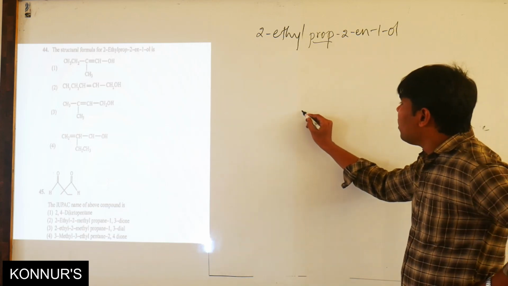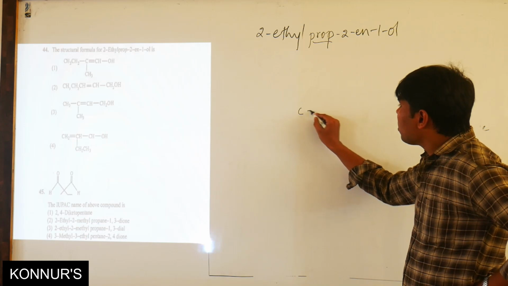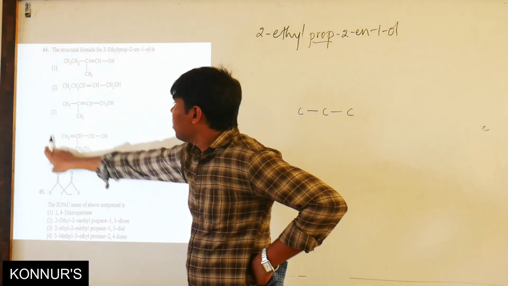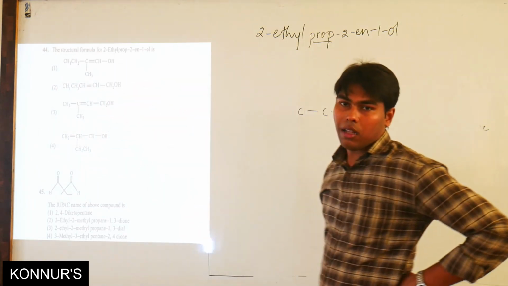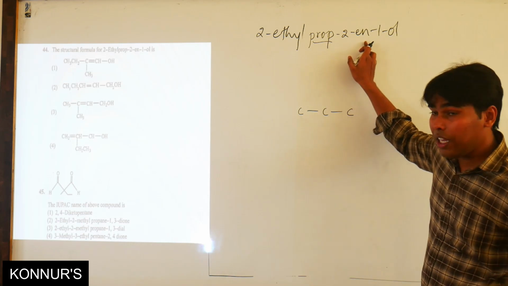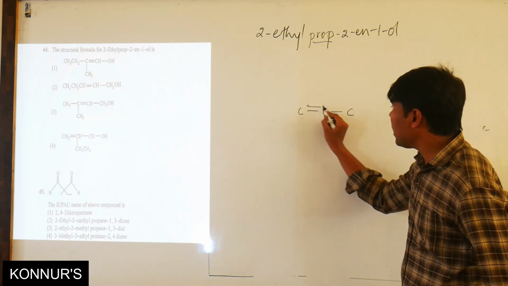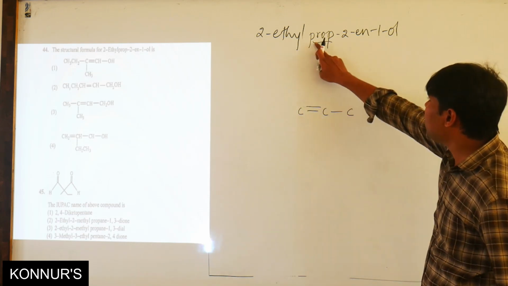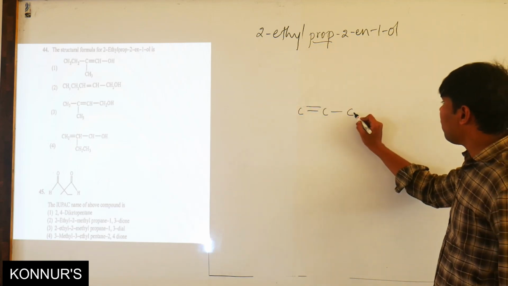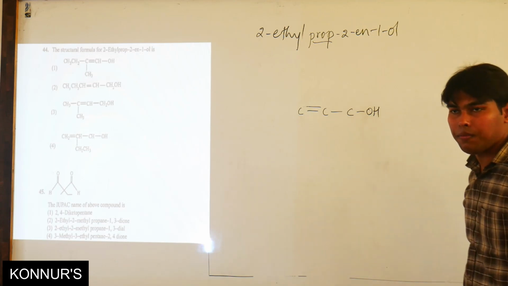Prop. Let us draw. Since they have given it in a structure, we will take those carbons. On the second carbon there is an ene. Prop-2-ene is over now. And 1-ol, first carbon has OH.